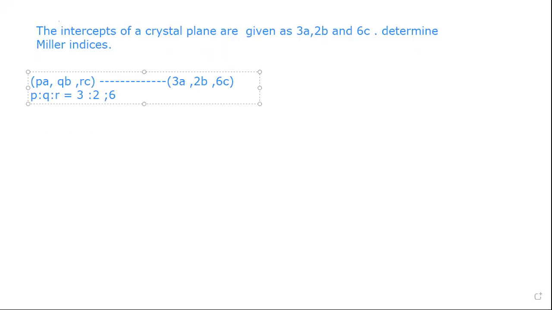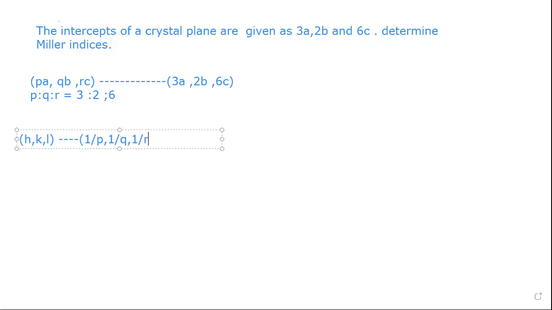Now we are going to calculate the h, k, l values, the Miller index numbers. Miller indices are the reciprocals of the p, q, r values. So we will write h, k, and l, which are equal to 1 by p, 1 by q, and 1 by r. So these are the reciprocals.